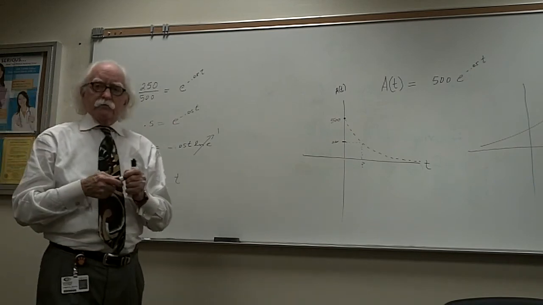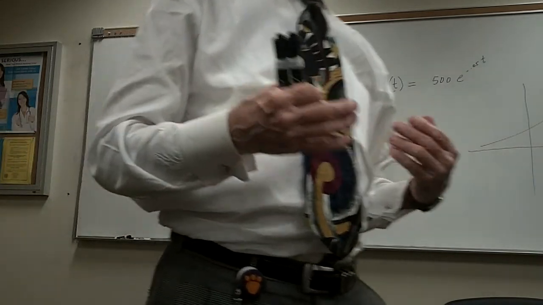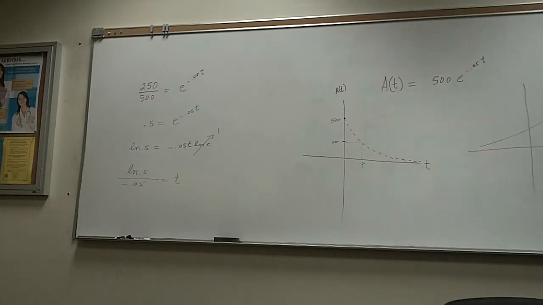Remember what I told you about taking the log of a number less than 1? It is negative. So ln 0.5 is going to be negative, and you're dividing a negative by a negative. That's how you get a positive number for time.